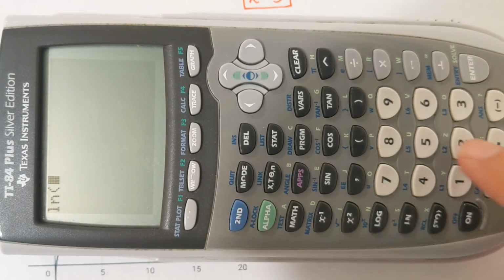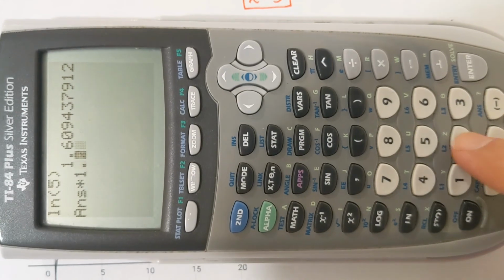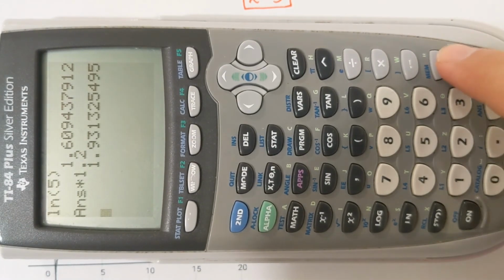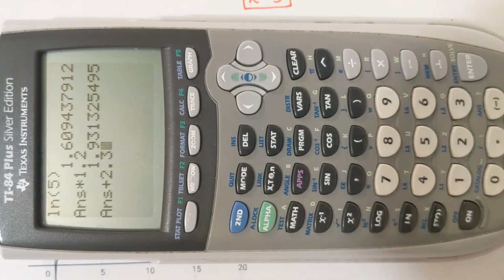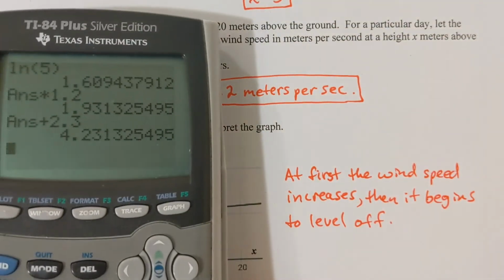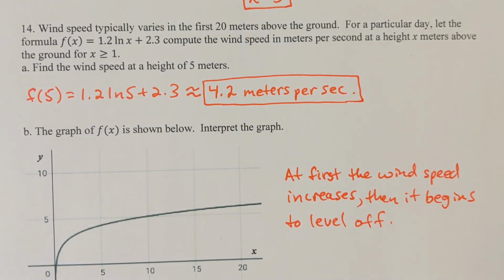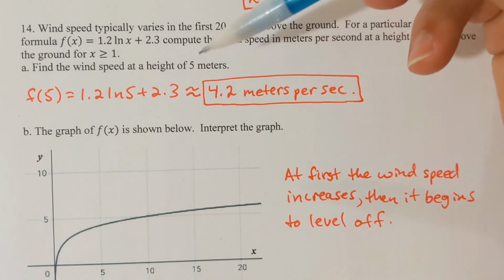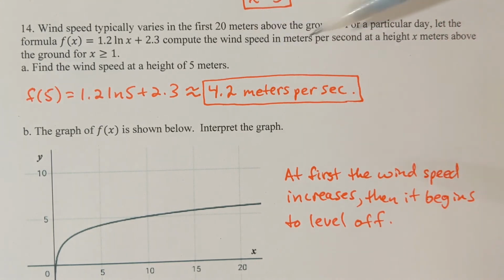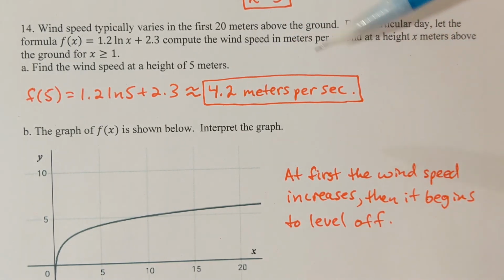The ln of 5 times 1.2 plus 2.3, I'm getting roughly about 4.2 meters per second. So if I'm 5 meters above the ground on this particular day, the speed of the wind would be roughly about 4.2 meters per second.